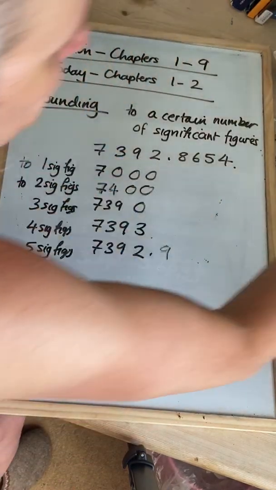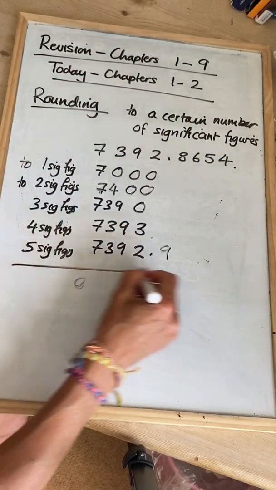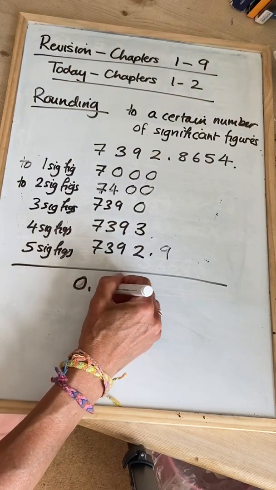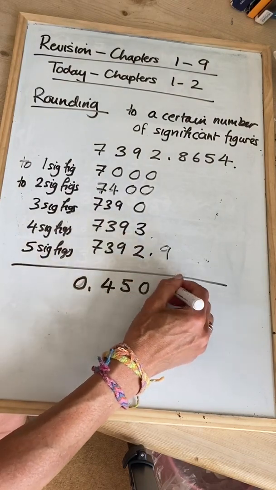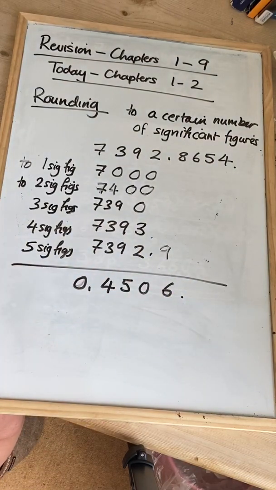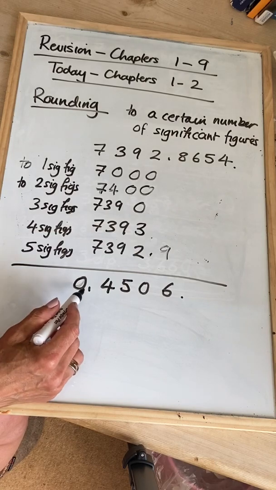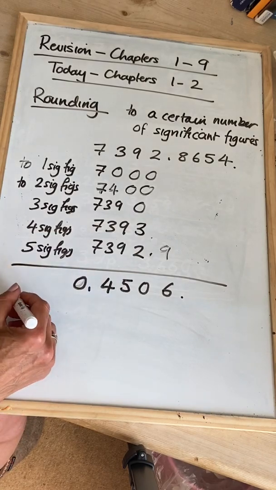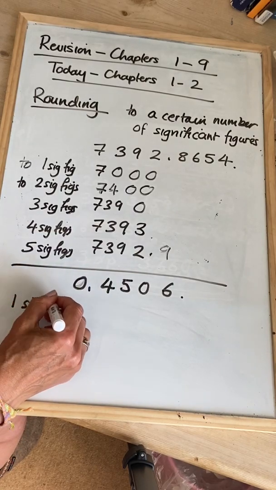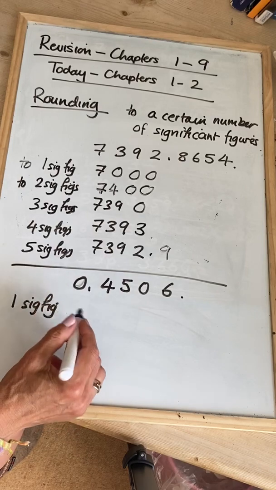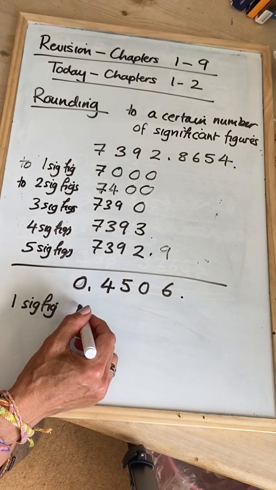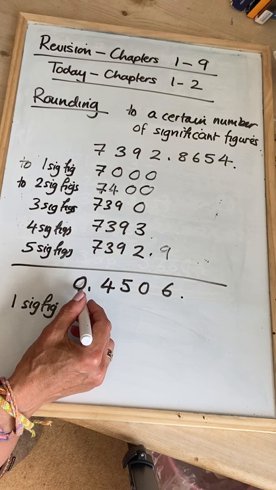Find another one. Let's look at the number 0.4506, okay? So if I am rounding this to one significant figure, my first figure is 0, but it's not a significant figure.